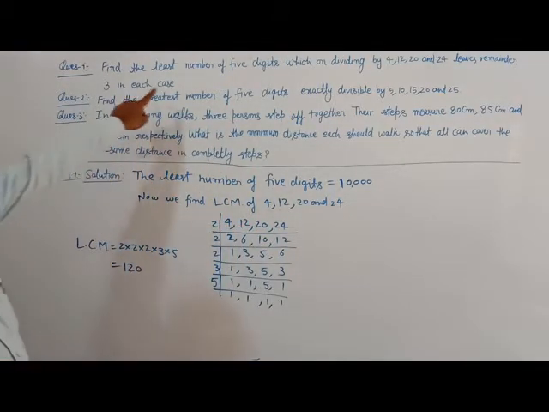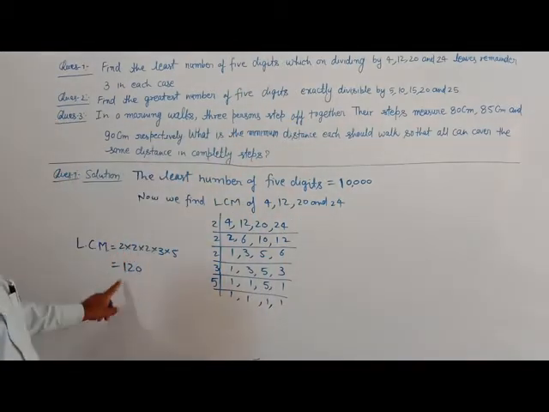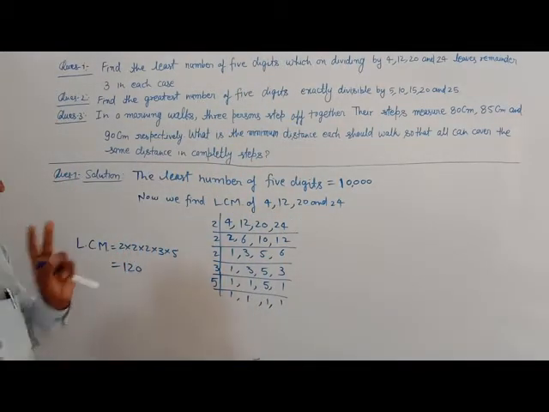Now, according to the question, we have to find the least number of 5 digits.